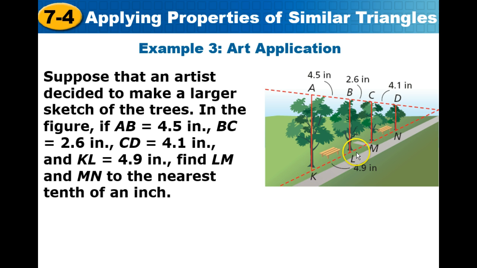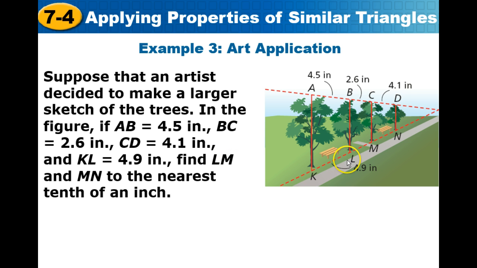In the bottom, we're only given KL. So you can realize we can figure out a whole bunch of pieces. We could figure out LM by comparing it to the 2.6. We could figure out KM by comparing it to whatever 4.5 plus 2.6 is, etc. And this problem is asking us to find LM.